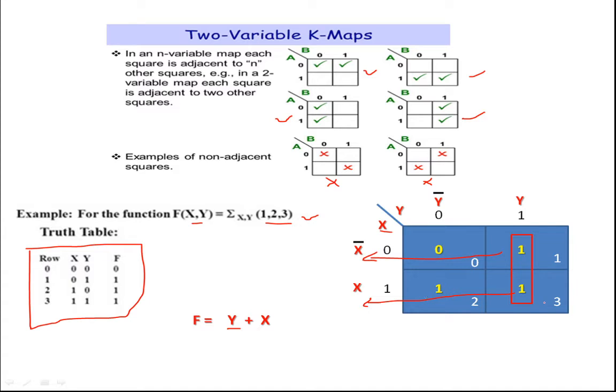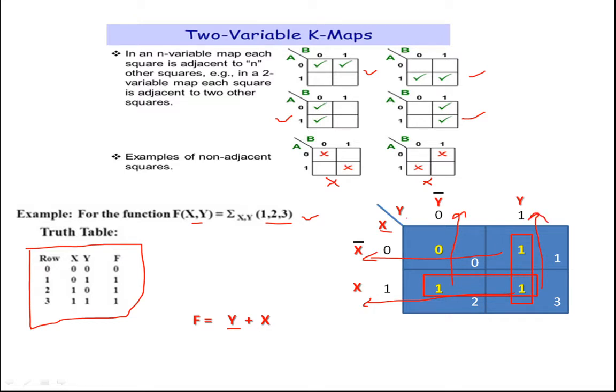For the next grouping, you see there is a 1 remaining. We have cell number 2 and cell number 3 adjacent to each other, so we group those. After grouping, for this one we have y bar as 0, and for this one we have y.